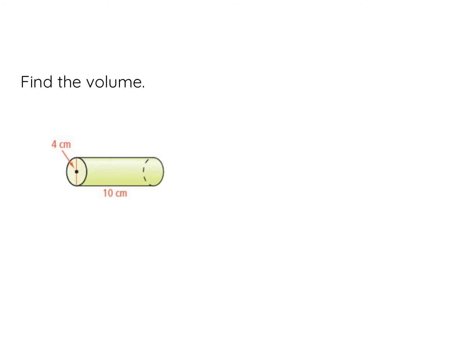All right, so we're just going to do two examples here together. So this is a cylinder. We see here's our base, and there's another base, right? So for a cylinder, the volume formula is pi r squared times h, because that pi r squared is the area of the circle.